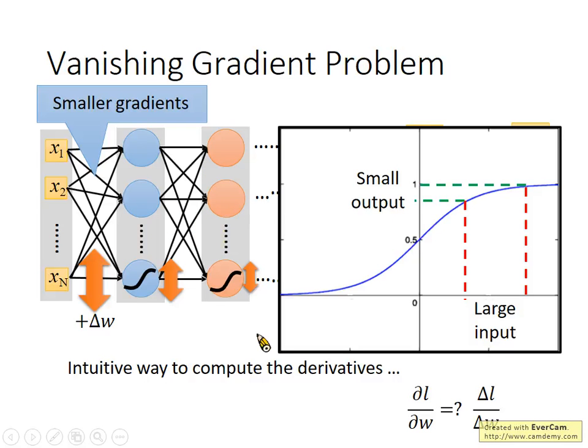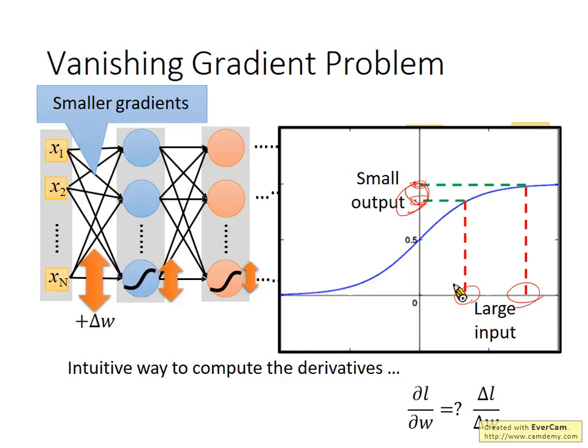So why does the vanishing gradient problem happen? That is because of the activation function we use. If we use the sigmoid activation function, this is the curve of the sigmoid function. That means we compress large input differences into a small range.